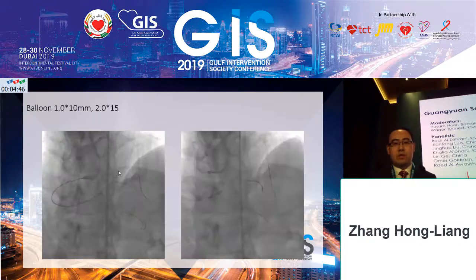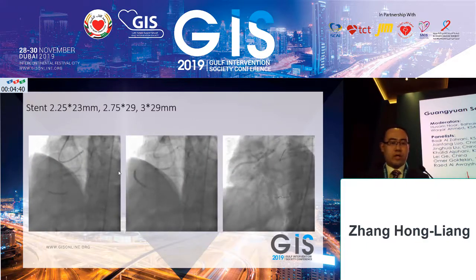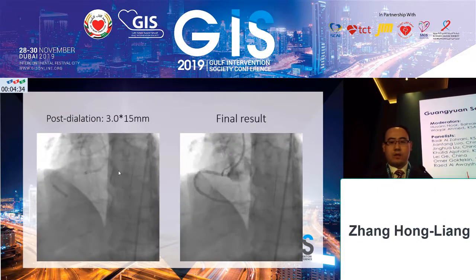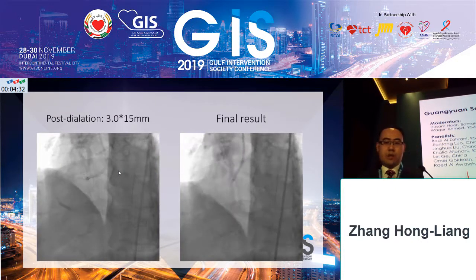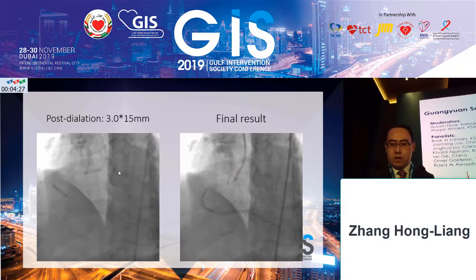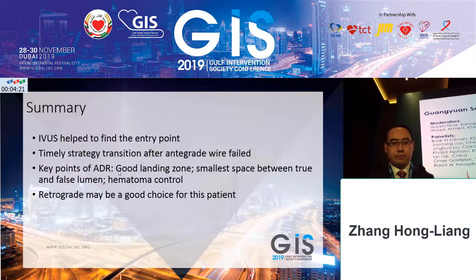After that, it was relatively easy. After dilation, we put 3 stents from the distal segment to the proximal segment. That's the final result. It looks very good. Also, the PLA is there, but in the distal there is dissection.